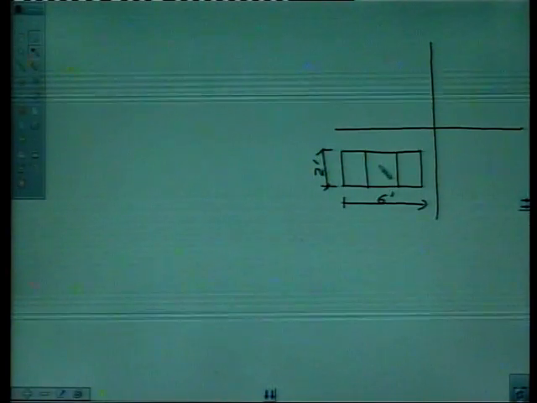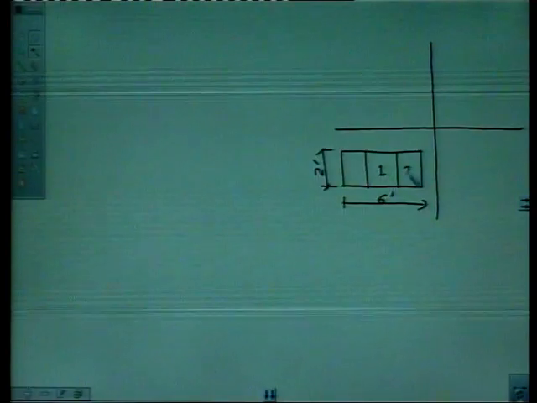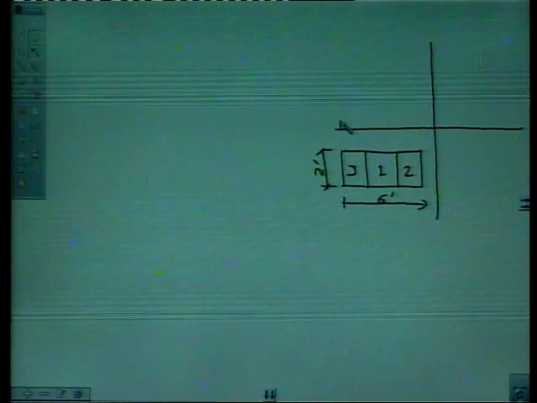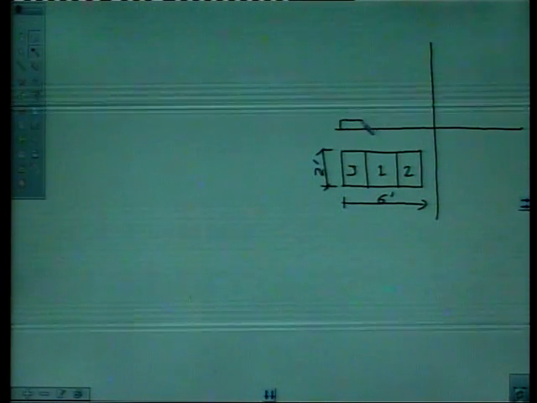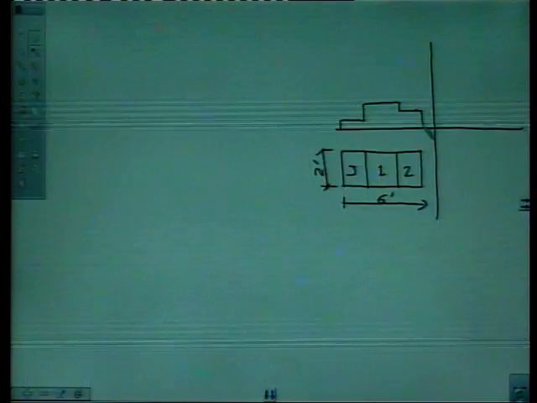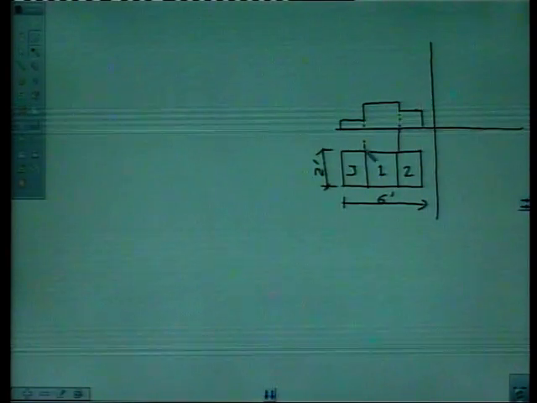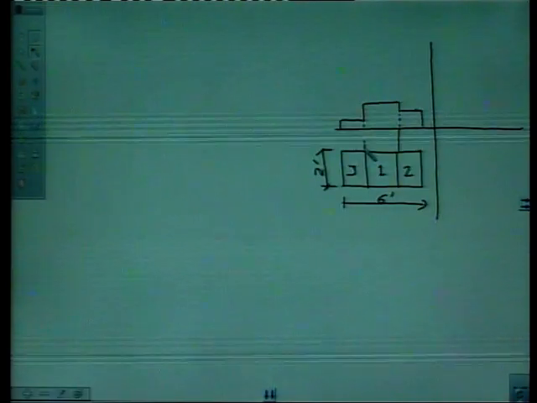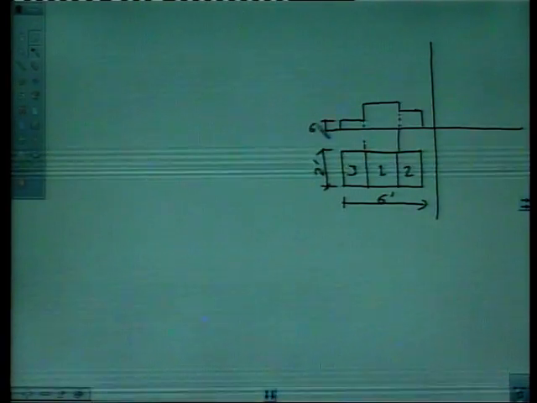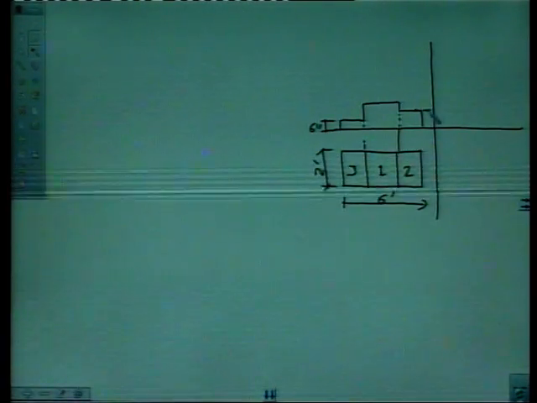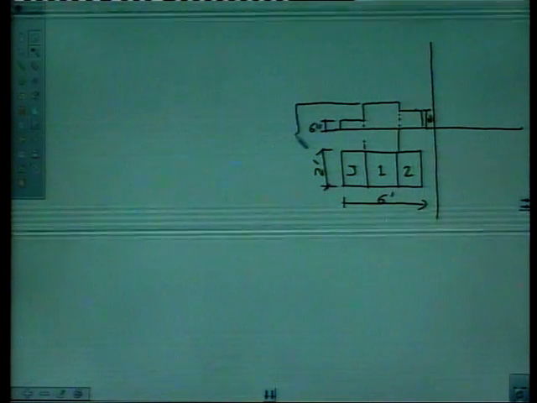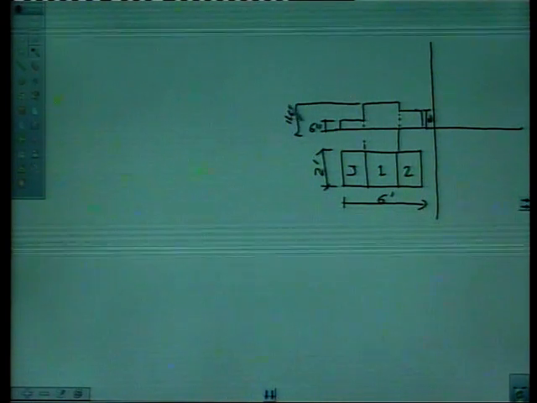right. This is the first position, say this is the second position and this is the third position, and in elevation we will see like this. Right. Say we have this 6 inches, this height is 1 feet 12 inches and total height is say 1 feet 6 inches, right.